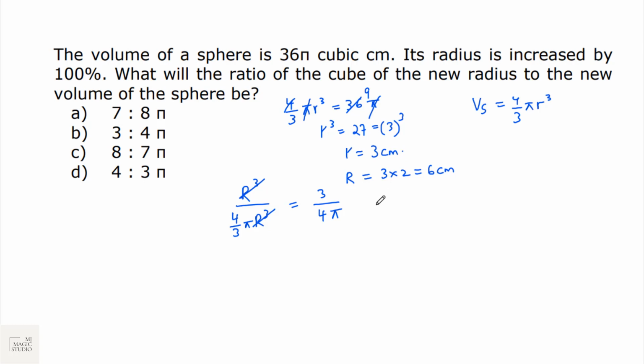So the ratio becomes 3:4 pi, which is in option B. This increment is of no use. Only if you read the question carefully can you give the answer, because r cube by r cube will automatically cancel out. The question is, what is the ratio of the new radius cube to the new volume of the sphere? 3:4 pi, option B is the pick.